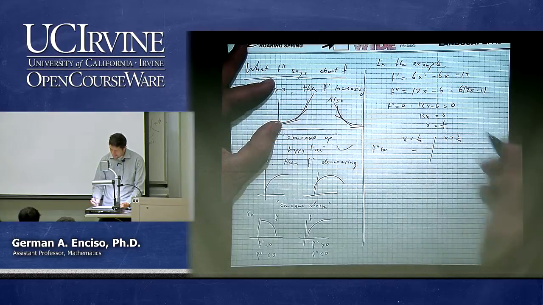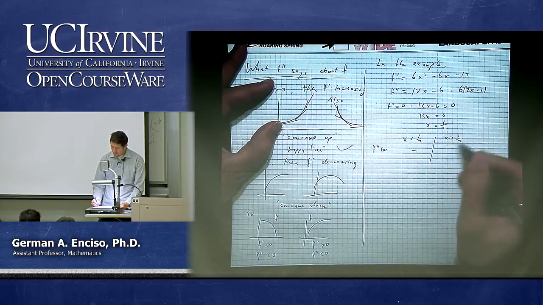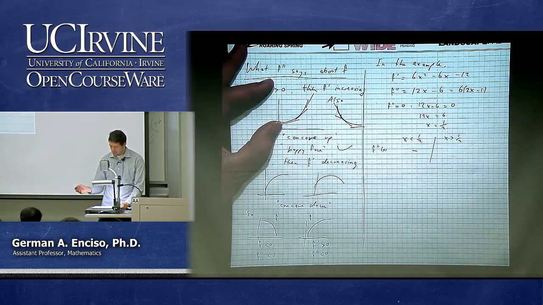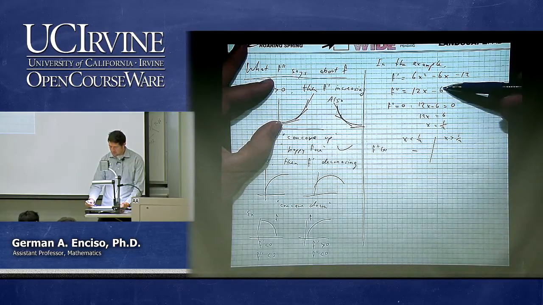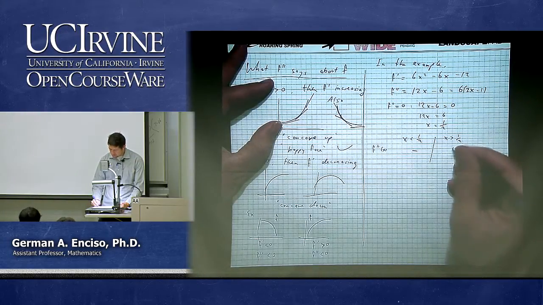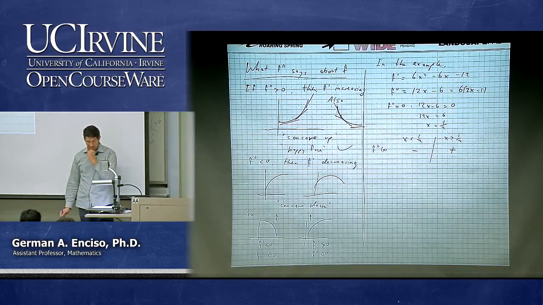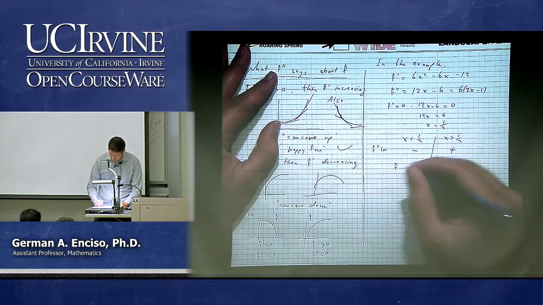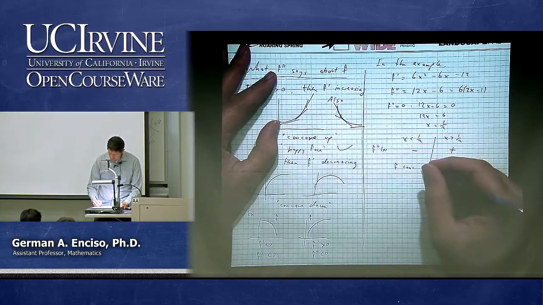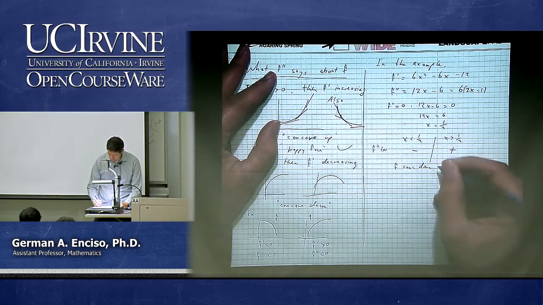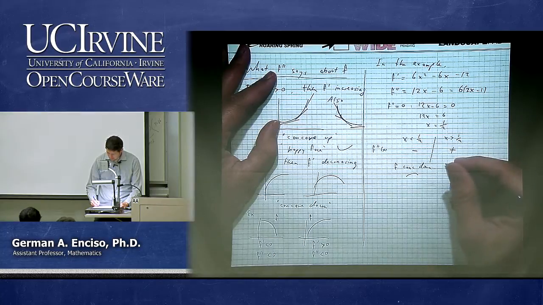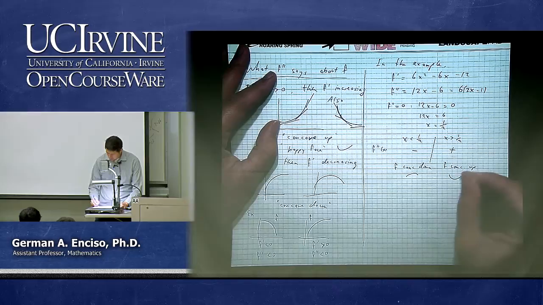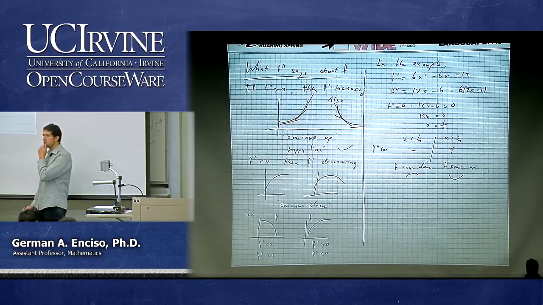And let's take any number bigger than 1/2, for example 1, and 12 minus 6 is 6, which is positive. And what that means is that f is concave down or up? Down. And over here f is concave up. Great.